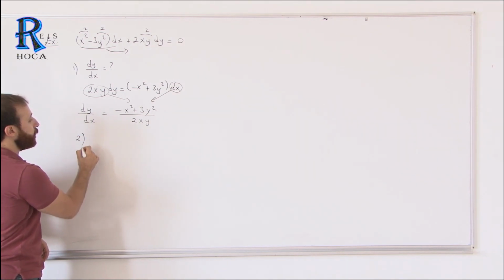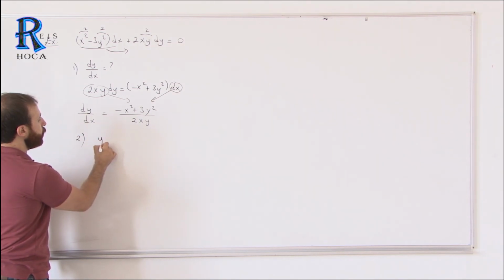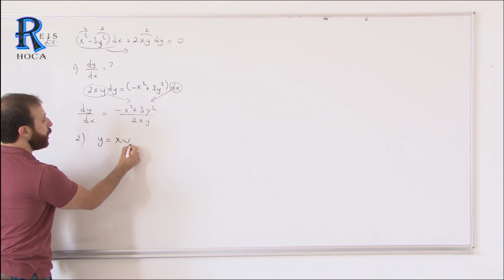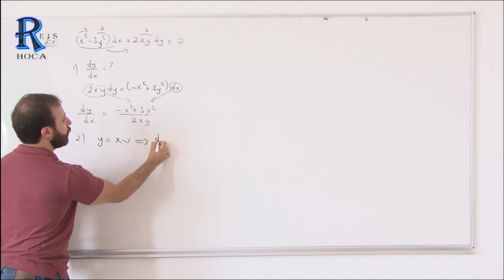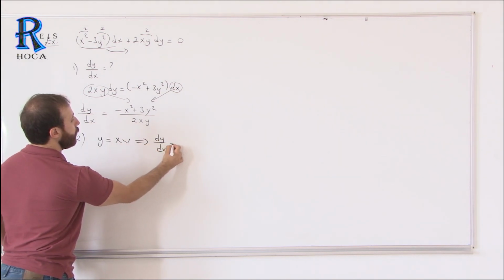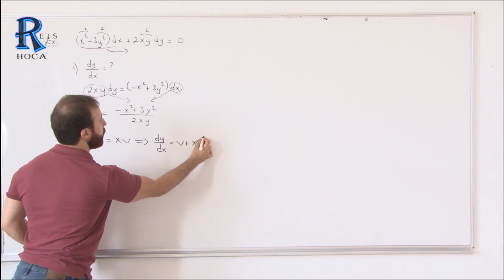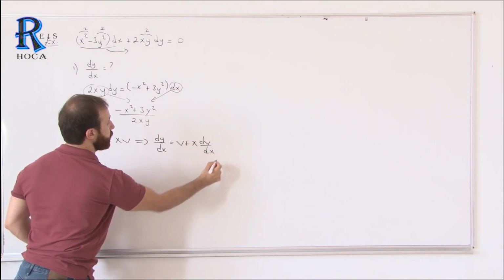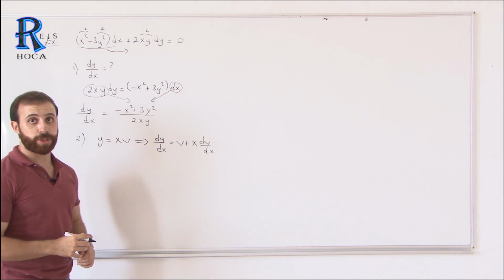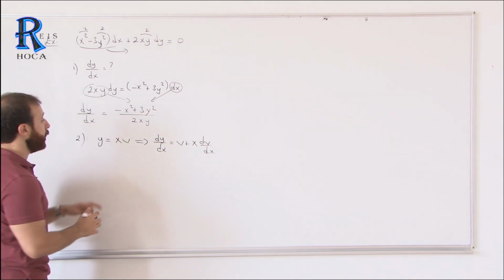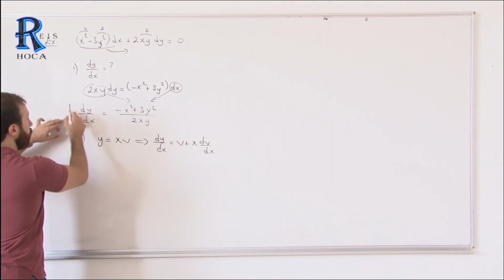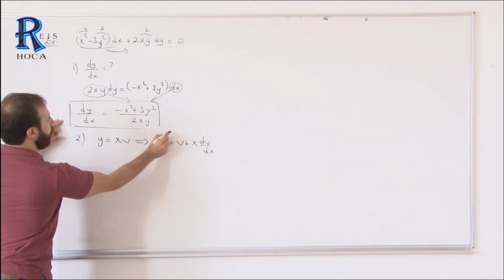The second step says to use substitution. Instead of y, write xv, and instead of the derivative, write v plus x dv over dx. We will use this substitution, this transformation, for homogeneous equations. Let's write here, this is our equation that we calculated.